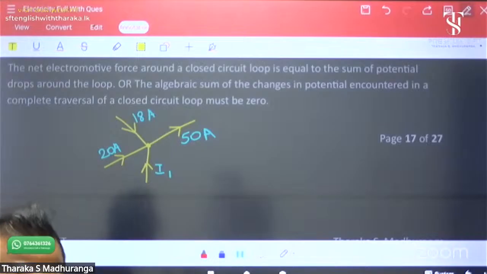Electric current or electric charge cannot be created or destroyed, same as energy conservation. Sarmia, understood?